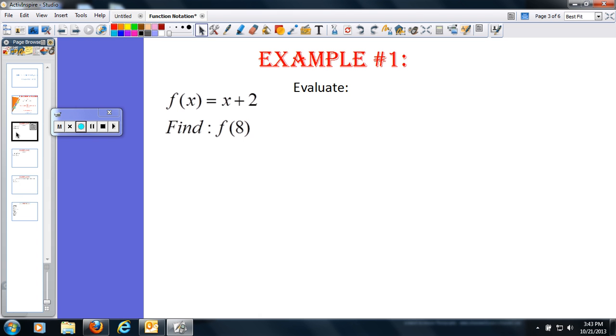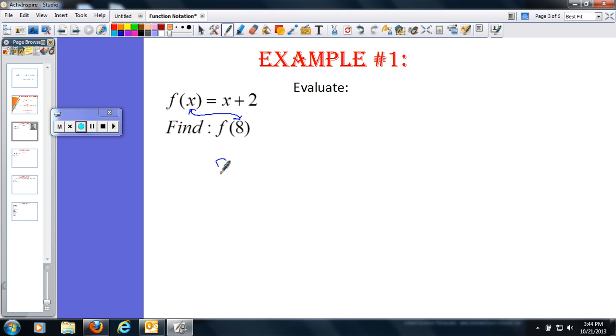All right. It's the same idea here. You start with the function f of x equals x plus 2, and I'm asking you to find f of 8. Well, if you look, the only thing that changed between this and this was that the x got replaced with an 8 right here.